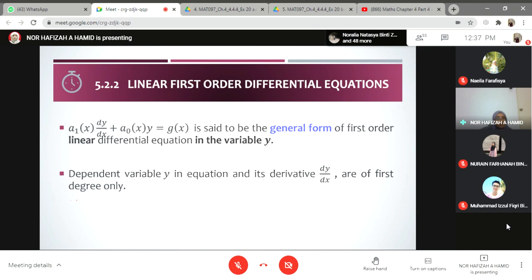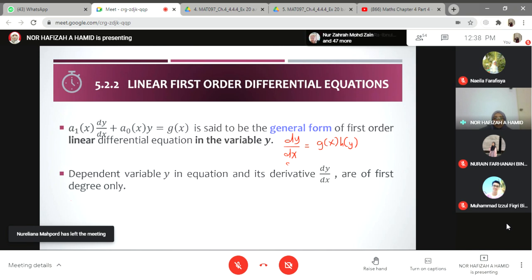Its general form in terms of dy over dx is dy over dx equal to gx times hy. So this is the general form of the first order differential equation that is separable, a separable DE.